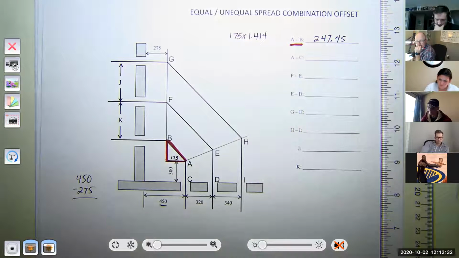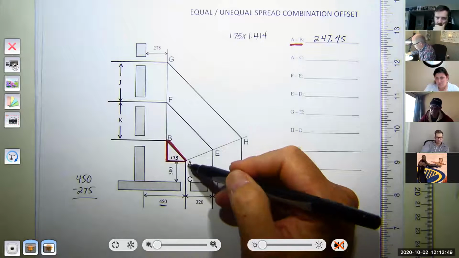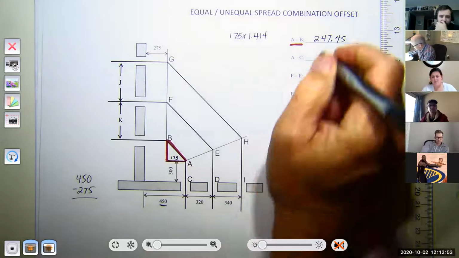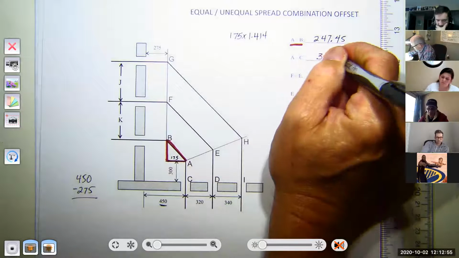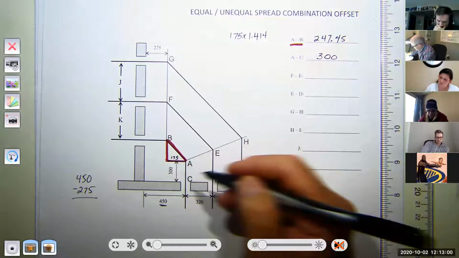Now, this is the point, people, that it's going to look a little weird. I know what A to C is. Do I have that measurement here? A to C? Yeah, so that's 300. A to C, 300.